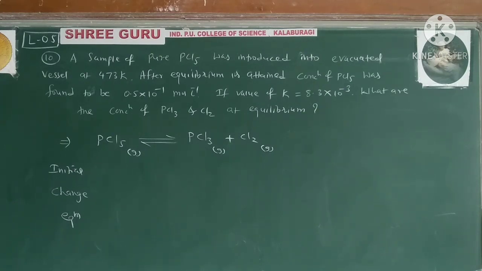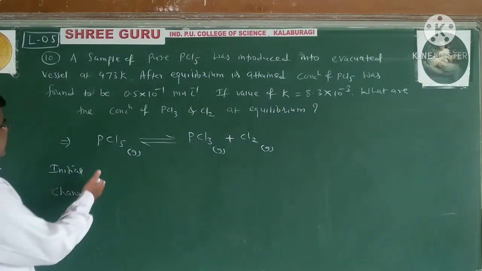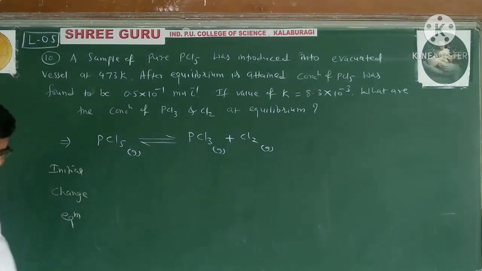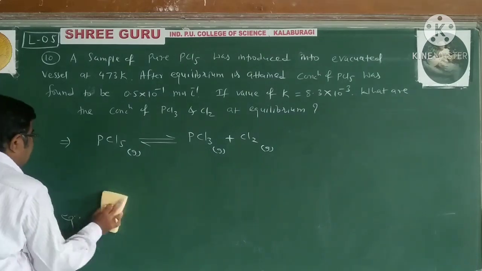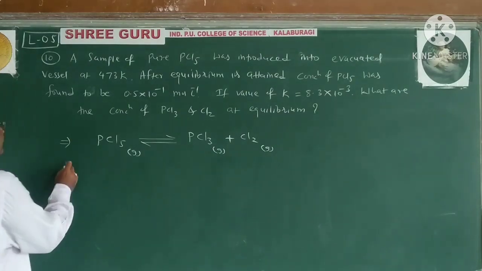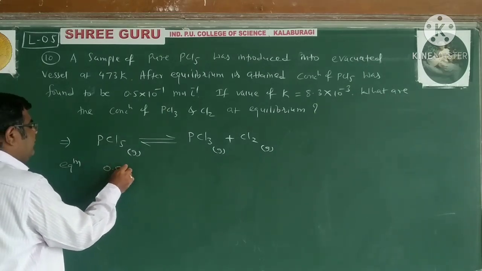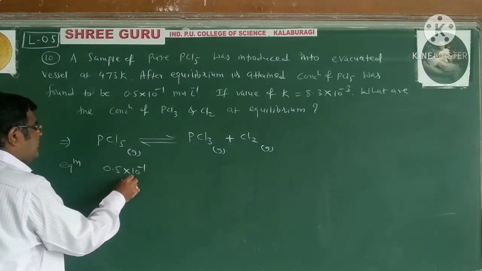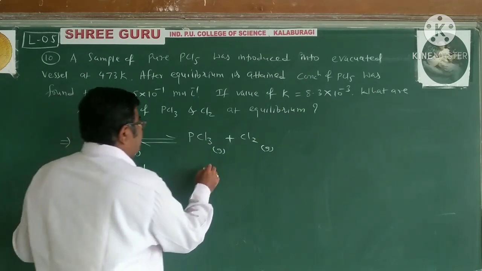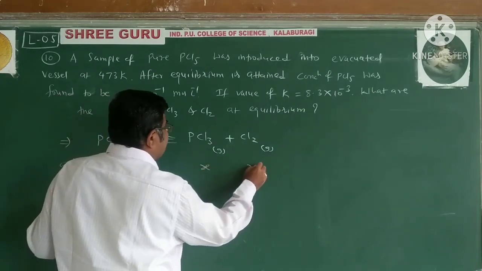Of course, for us important is equilibrium concentration, because that we are going to substitute. We are not given the initial and change, let it be. We'll write only equilibrium here. For PCl5 it is 0.5 into 10 raised to minus 1 mole per liter. Let's assume that this is X and this is X.